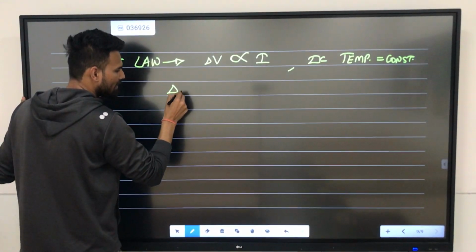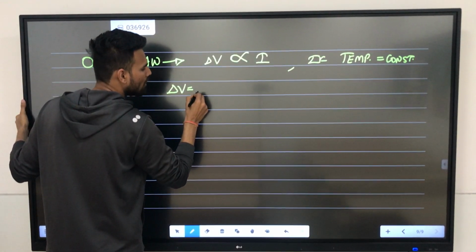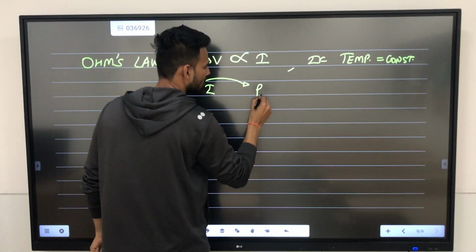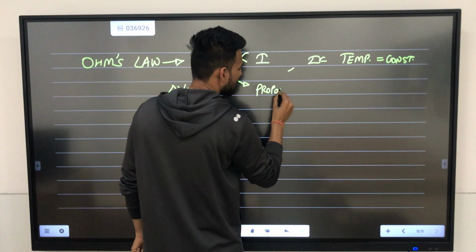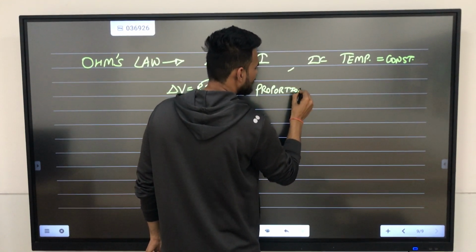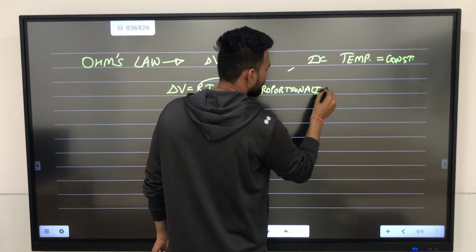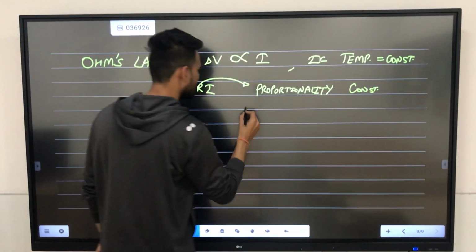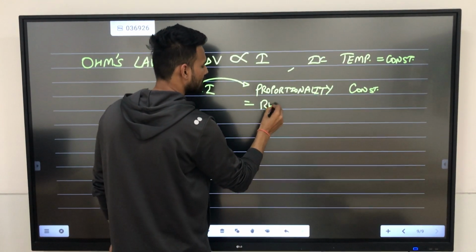So delta V is equal to R i, where R is the proportionality constant, which is equal to resistance.